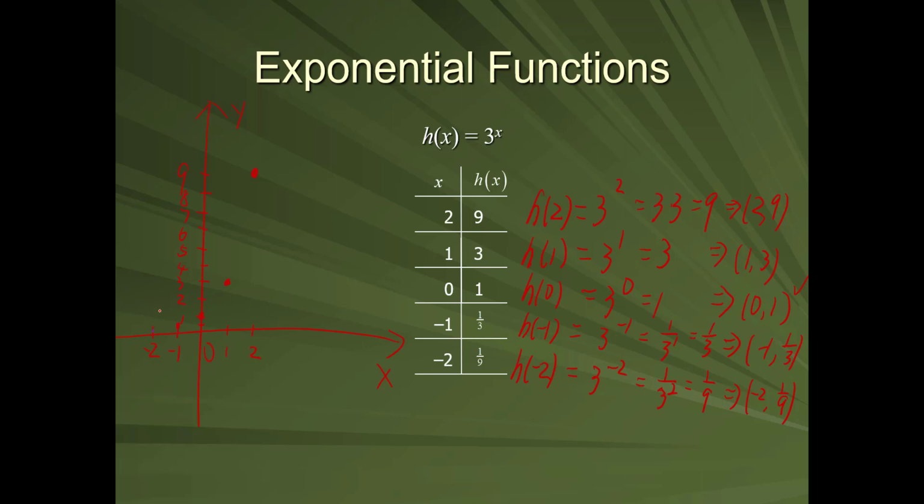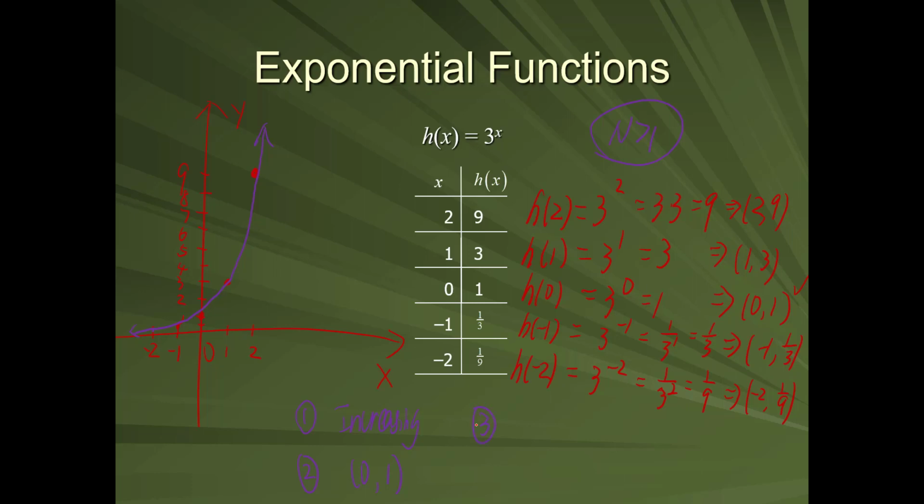Alright, so now we have 5 ordered pairs. Connect them, extend in both directions, and we get a graph. So again, the base is greater than 1, and we see a similar graph, increasing from left to right. Secondly, it passes through the y-intercept (0, 1).